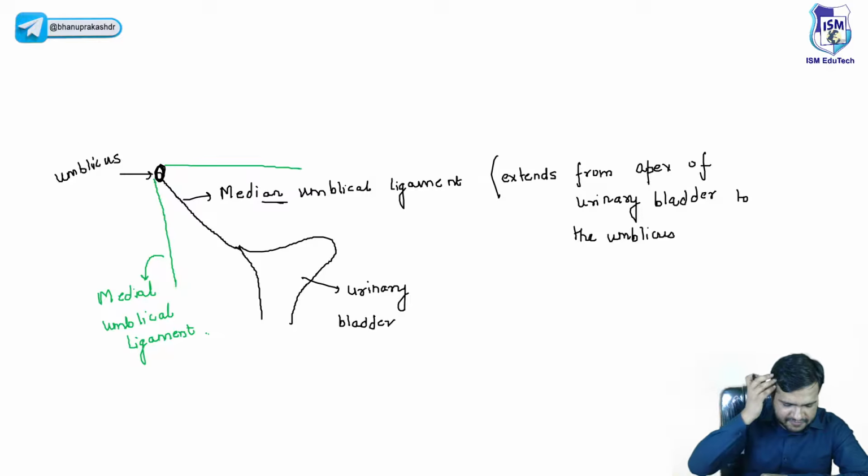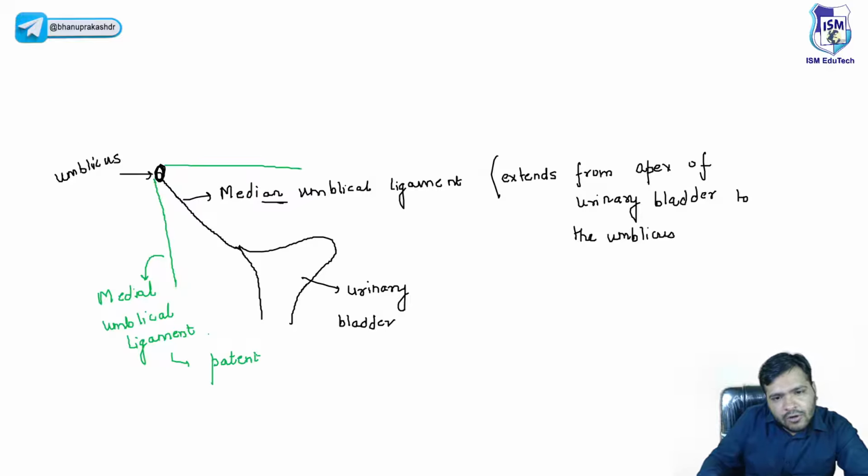Yeah, everyone is right. So remember guys, if it is patent, or I can say if it is open, then it can give rise to something called a urinary fistula.